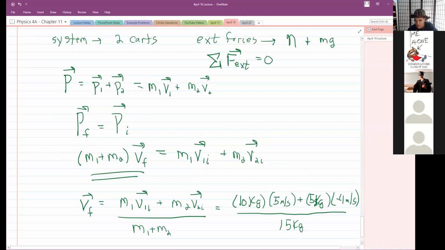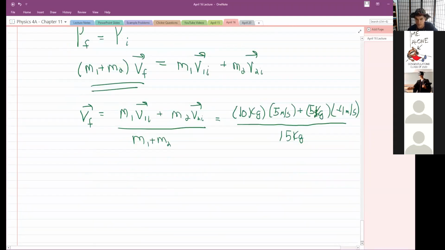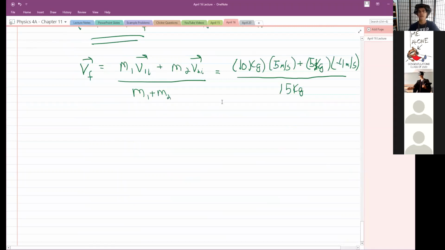What does that end up being? I've got 50 plus -20 is 30, divided by 15. What I get is 2 meters per second.